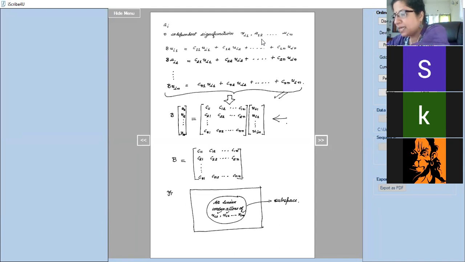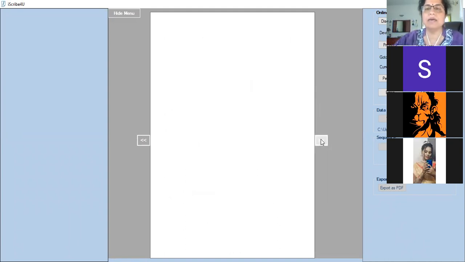How will I be able to write it? Any member of the subspace, I should be able to write it as some d1 ui1 plus d2 ui2 plus dn uin.